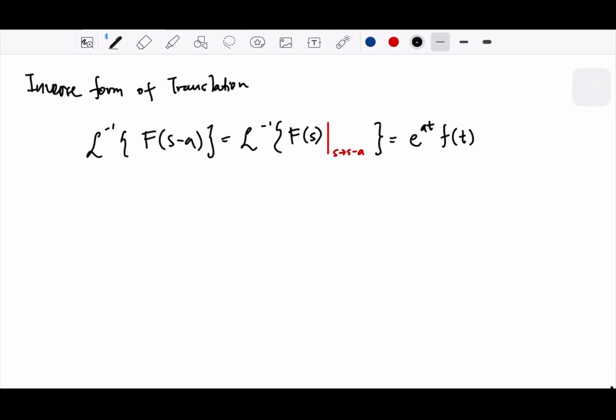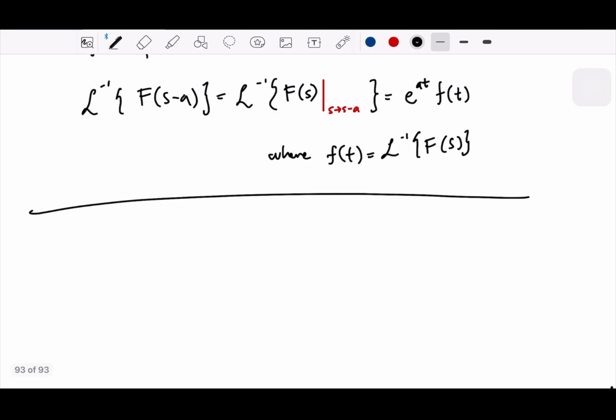This is just reversing the process, where f(t) is equal to the Laplace inverse of the capital F(s), like that.